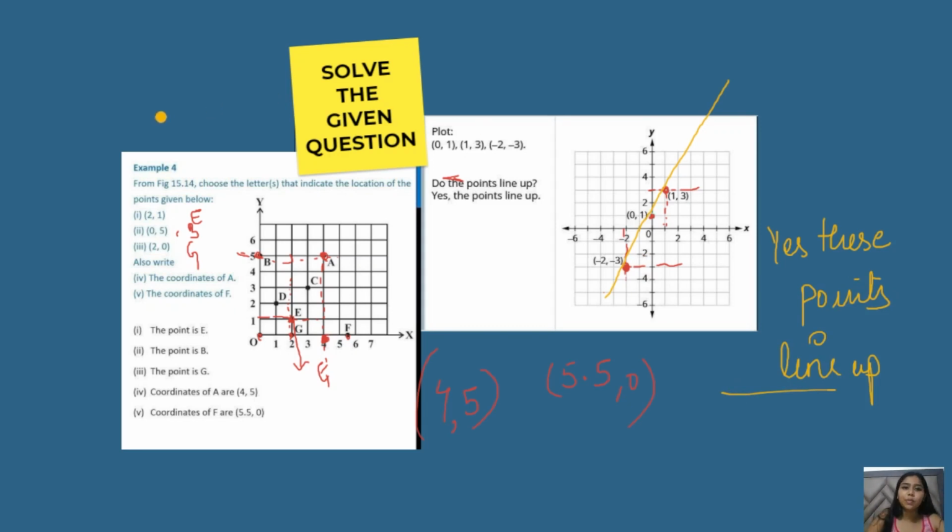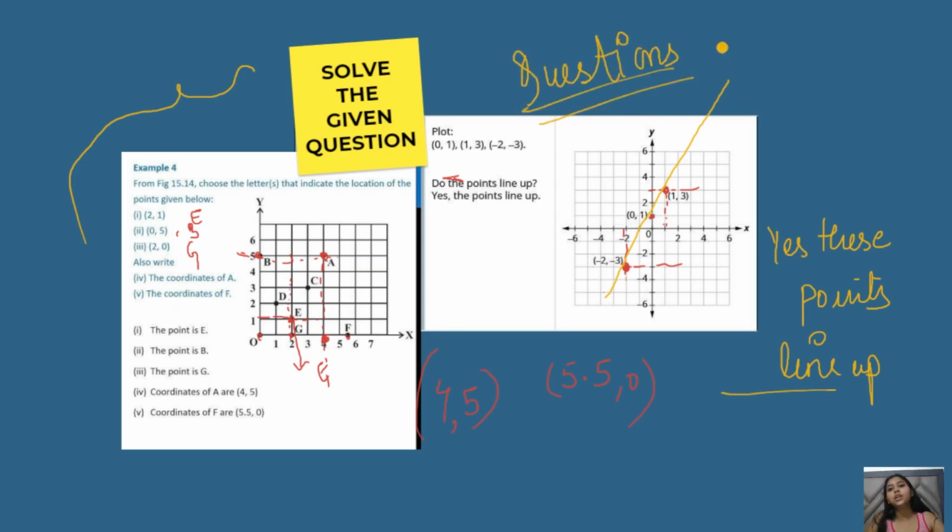So these are the types of questions you will witness in coordinate geometry. You do have to practice these questions, and then you can ask me what to do and how to solve them. These are very easy. You can easily understand after listening to and seeing the video.